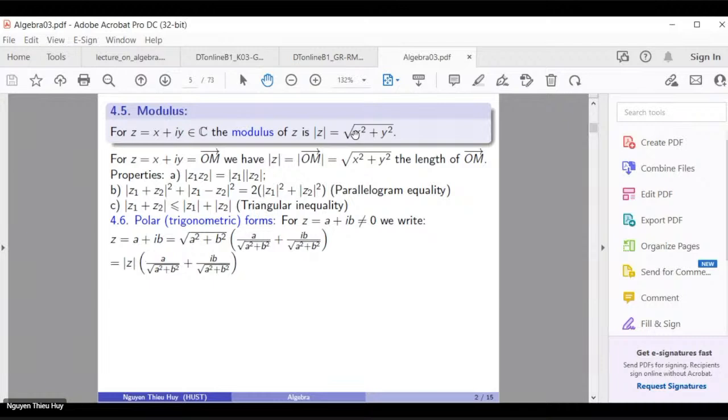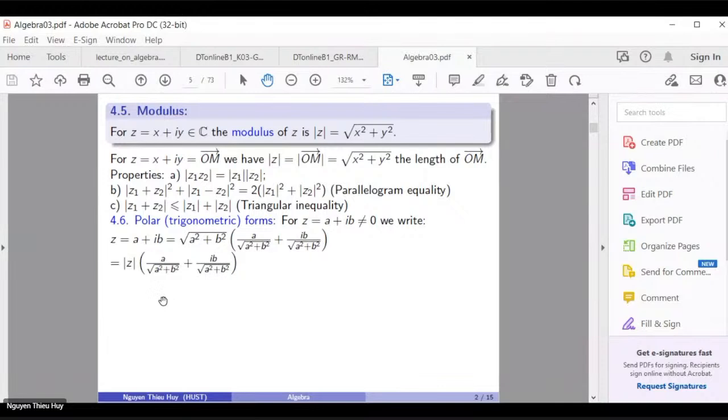So actually, you can write it this way: modulus of z multiplied by a over modulus of z plus ib over modulus of z. But now let's pay attention to these two numbers: a over square root of a square plus b square, and the second number is b over square root of a square plus b square.